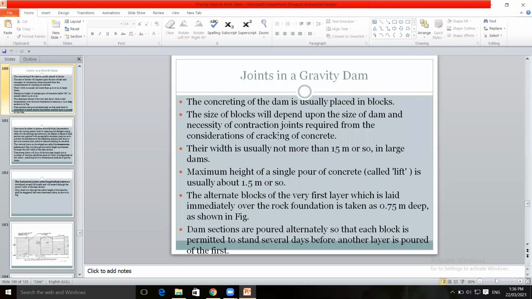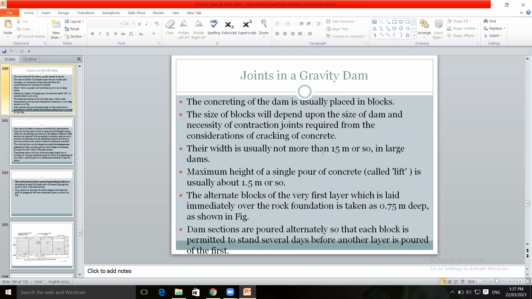During construction of the dam, the concreting of the dam is done in stages. The size of these blocks will depend upon the size of the dam. The bigger the size of the dam, the bigger the size of the block.